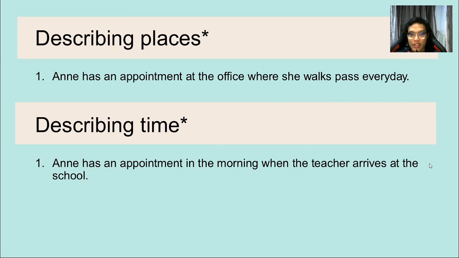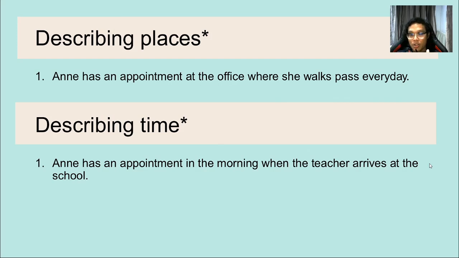Describing places and describing time, we tend to use slightly different structures from what we did earlier, which are for things and a person. So when we want to describe places and time we use different structures.